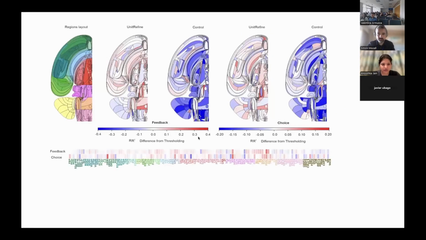Another way of visualizing is through these whole brain maps. The idea is that the colors in red are more indicative of improvement in performance. And here we see that the red performance is not on a few regions, it is on a couple of brain regions.